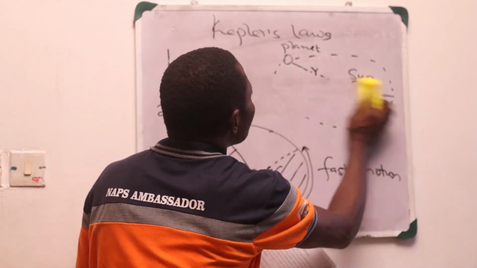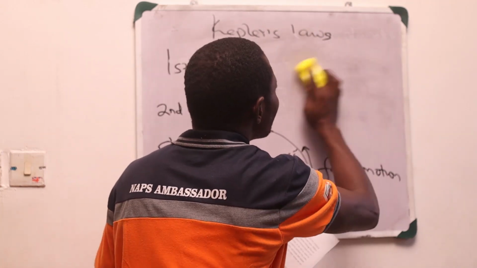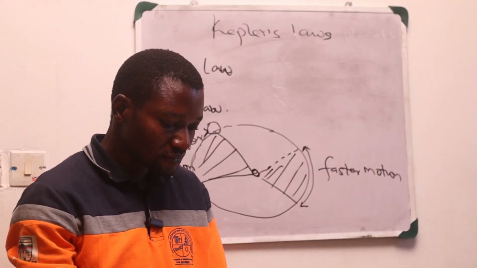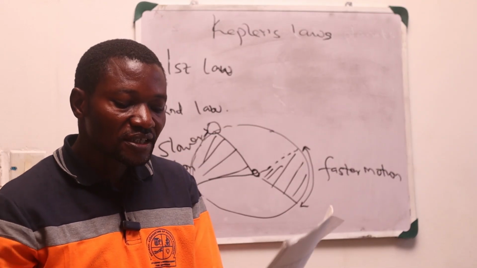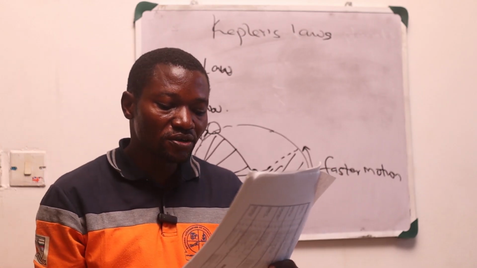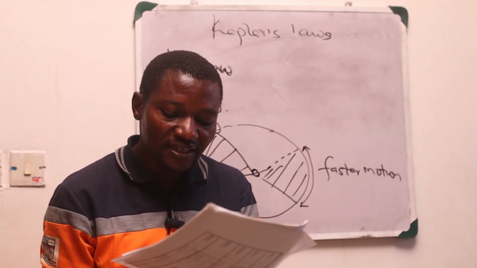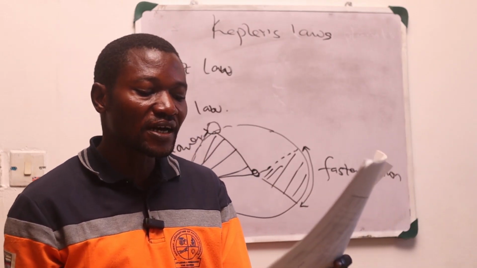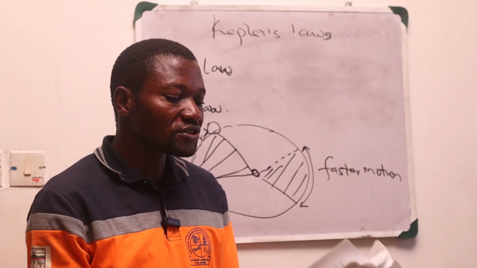Then we have the third one. According to the third one, the ratio of the square of the periods of two planets orbiting the Sun is equal to the ratio of the cube of their average distances from the Sun.